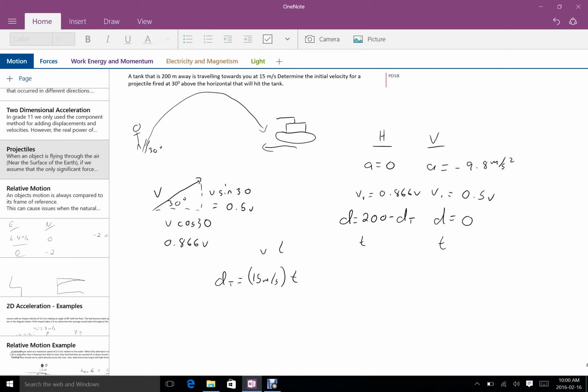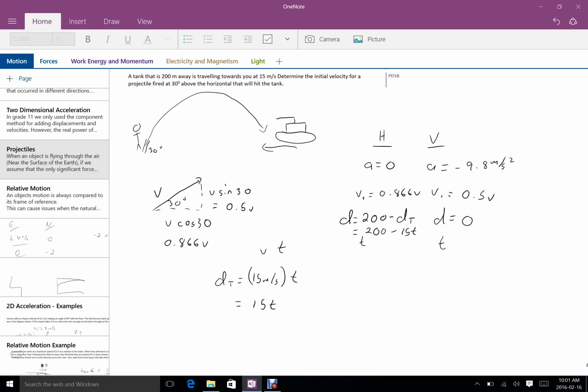Distance equals velocity times time for that uniform motion. So we're just going to call the displacement of the tank 15t. And as long as that t is the same as these two t's, that will represent how far the tank can move in that time while the projectile is in the air.